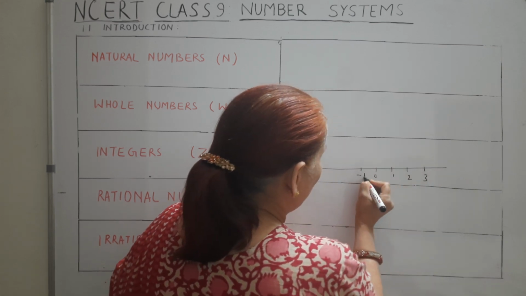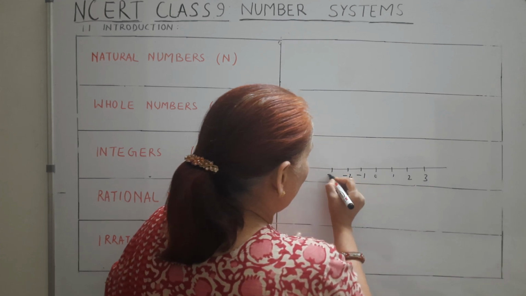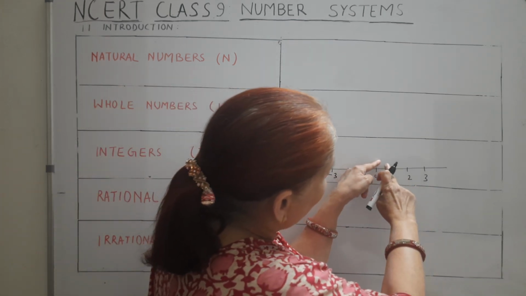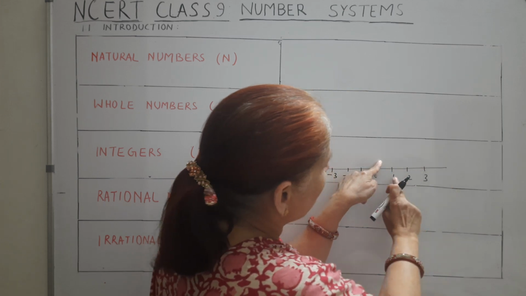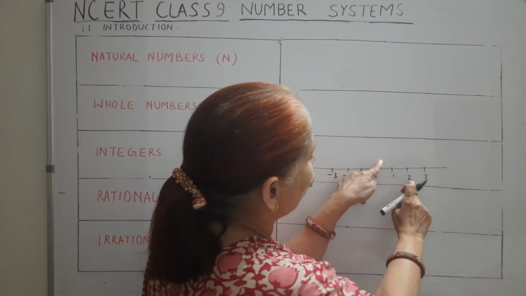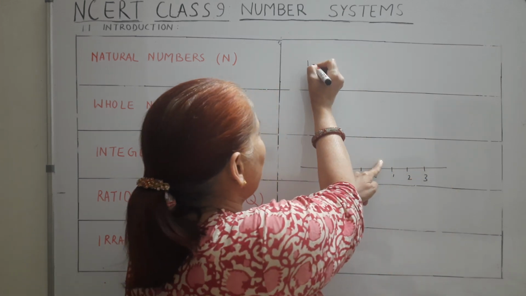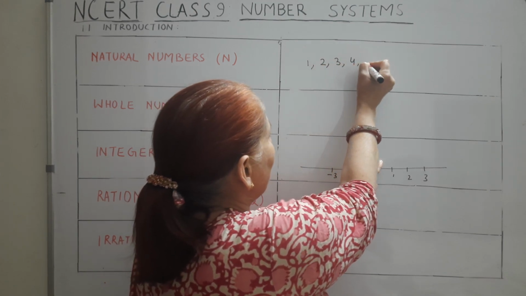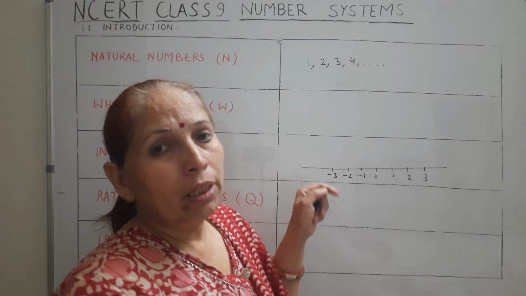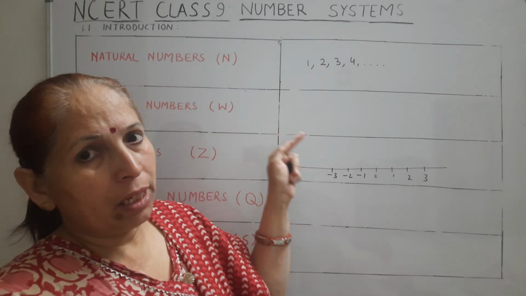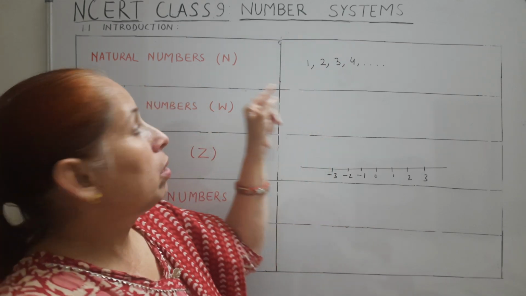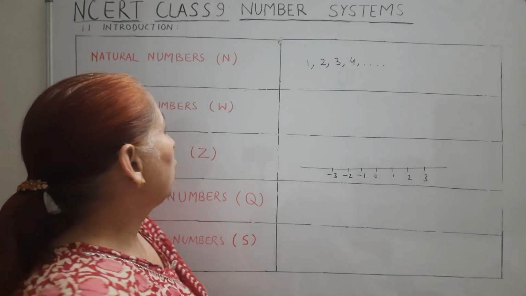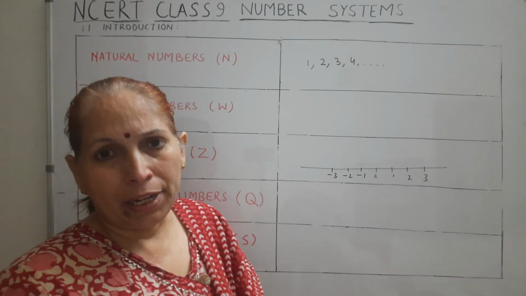Here -1, -2, -3. अगर हम यहाँ से इस तरफ मूव करते हैं तो हमारे पास नंबर क्या आते हैं? 1, 2, 3, 4 and so on. इन नंबर्स को क्या कहते हैं? These are natural numbers and they are denoted by N.